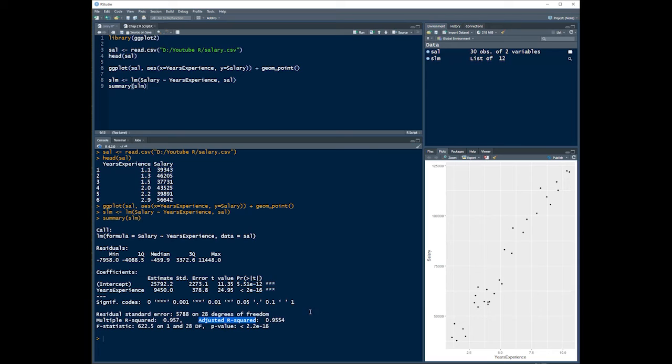So adjusted r square will be less if we have multiple linear regression, and that means if we have more and more variables added up here. Of course, if we had more and more variables, the multiple r squared will increase, but adjusted r square will penalize those additions, and it will adjust this r square and give us the corrected value.